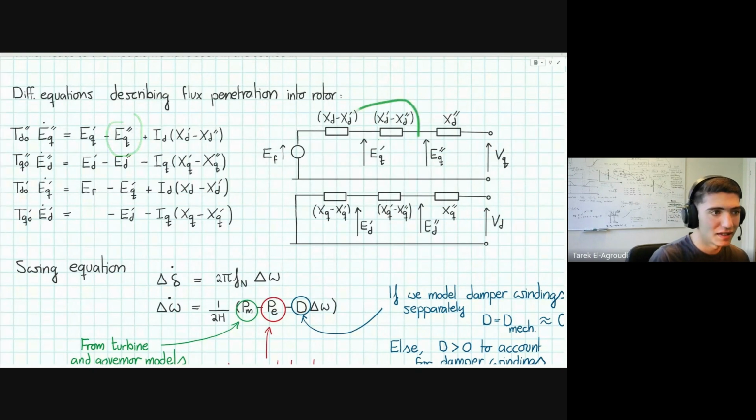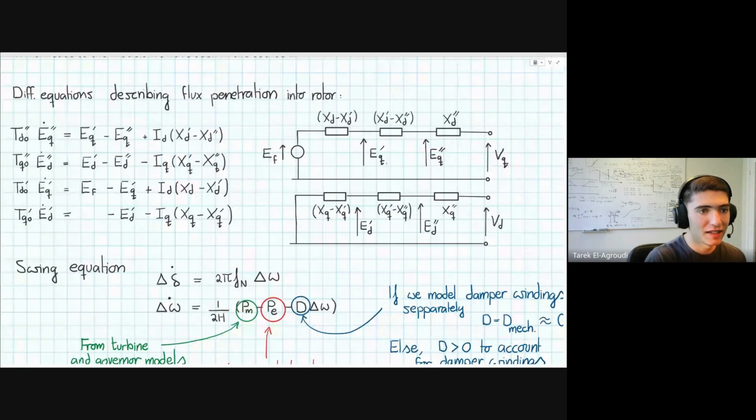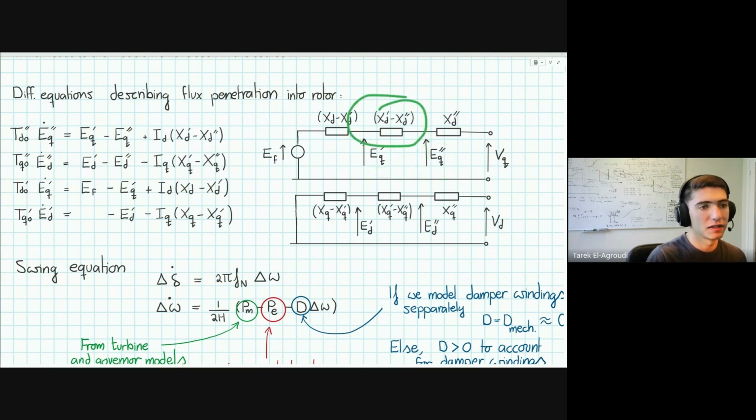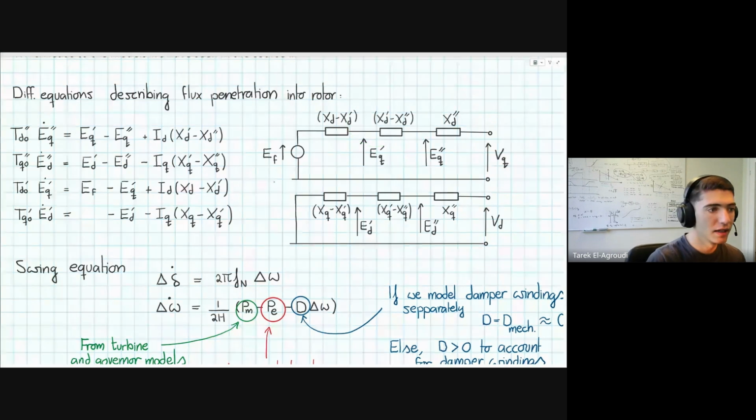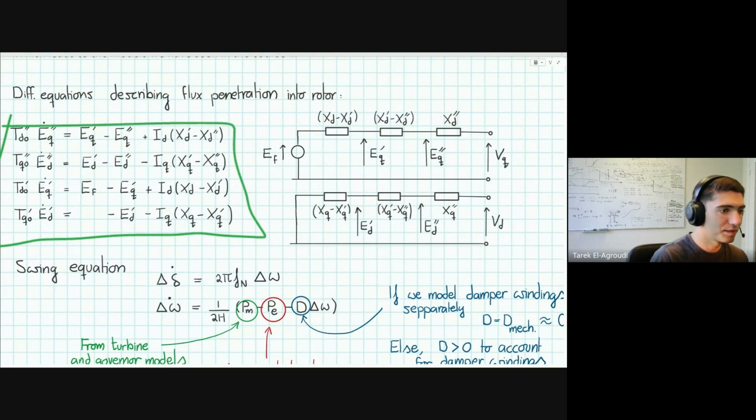So it's the difference between these, and then the current times whatever reactance is between them. So this is the same structure. The rate of change of this voltage is equal to the difference between these voltages plus the current times the reactance between them. And this is the same equation applied to all of these.